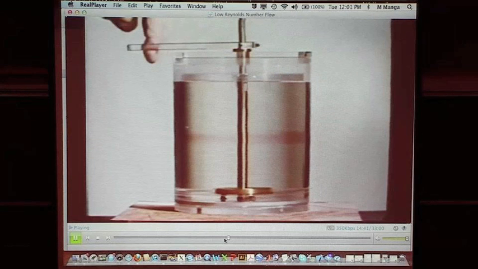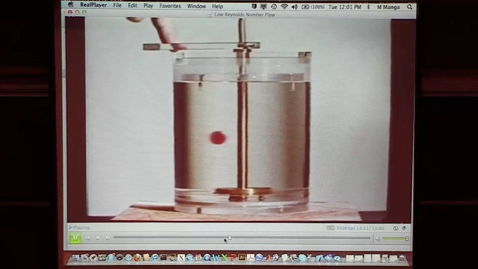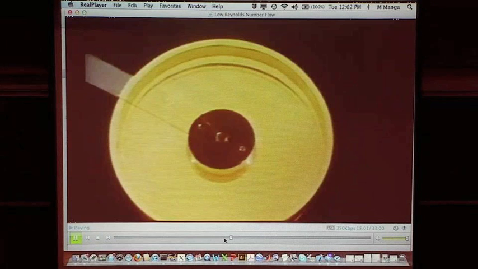To see what happens, we have a second apparatus that is filled with syrup. It has a wider gap, and we can look down on it. A little coloured syrup is injected to mark the fluid.